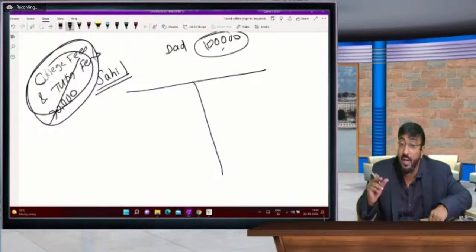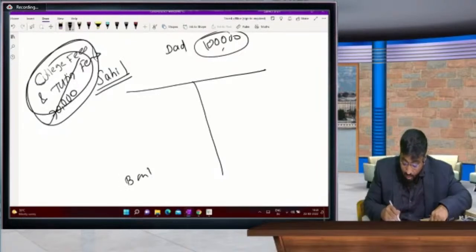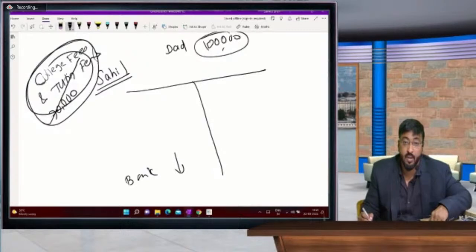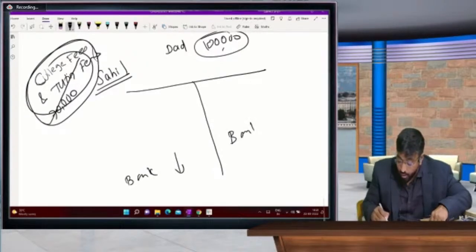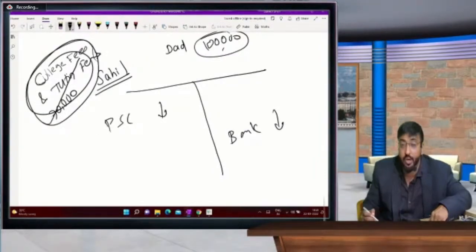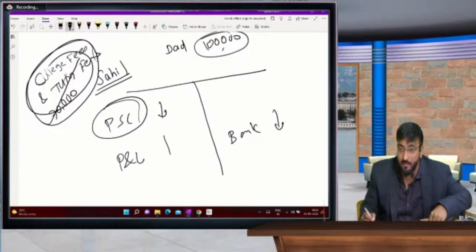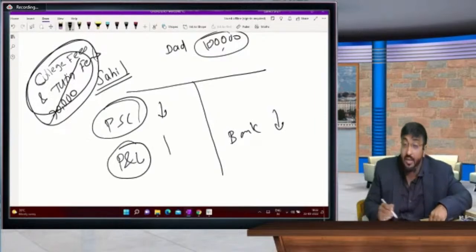Now correlate this concept with CRR. If this time I'm redeeming preference shares, my bank balance is going to reduce on the asset side, and my preference share capital is going to reduce. And if after 15-20 days dividend is paid, now preference share capital is like your tuition fees and dividend is like your mom's necklace.